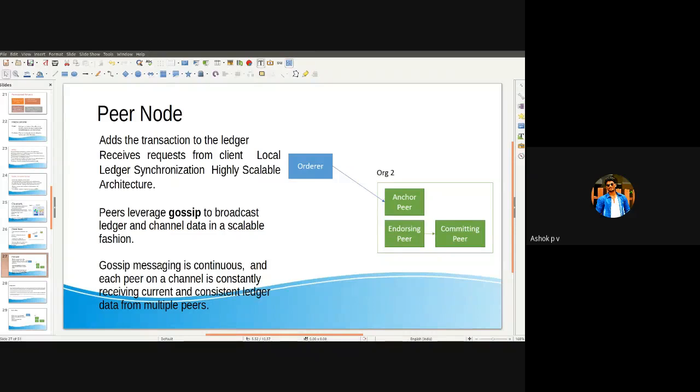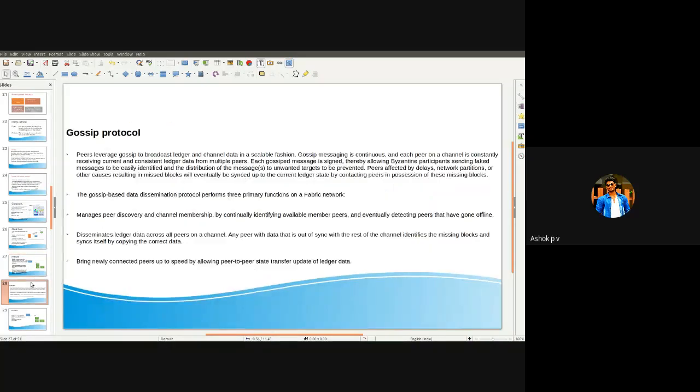This gossip protocol is the internal working of how the peers leverage the data to be committed to the particular nodes or the ledgers each and every time. And this is highly scalable, to keep those transactions under control.